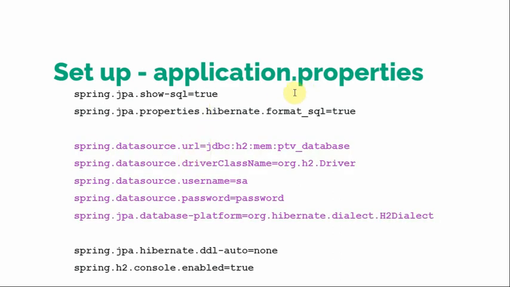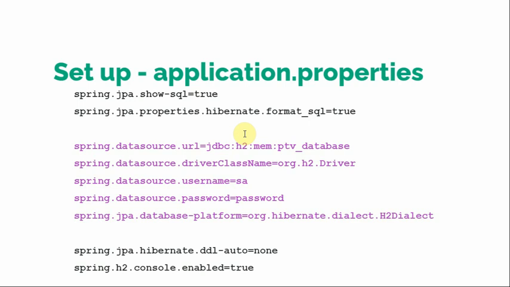Then we have to set up the application.properties. This property file should be in the test resources folder. We have to configure certain JPA attributes to show SQL, so whenever it creates a query, it should print it and format it properly.